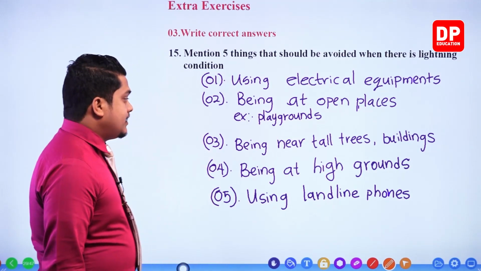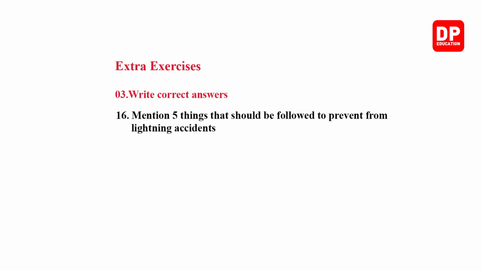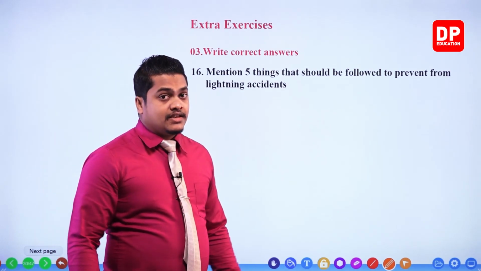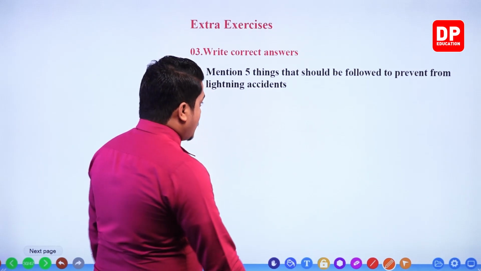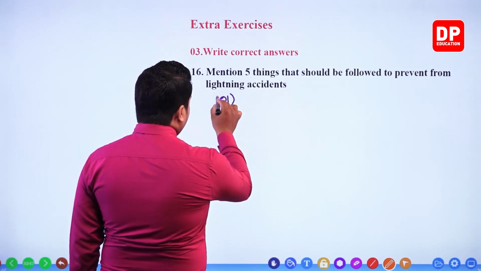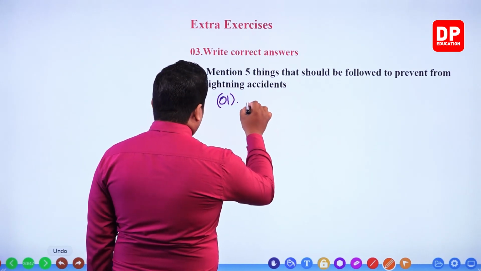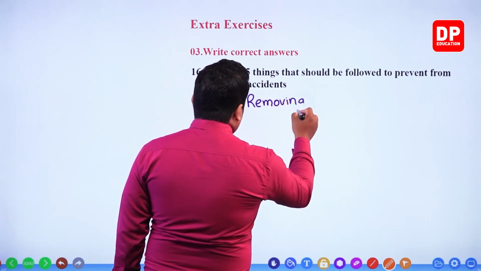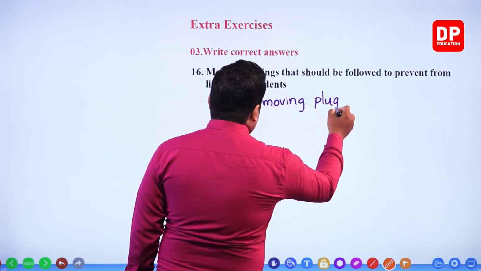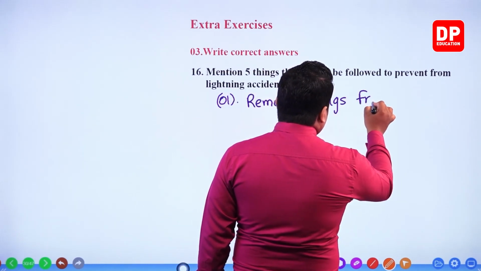Okay, right. Then the next one, question number 16. Mention 5 things that should be followed to prevent from lightning accidents. That should be followed means we have to do these things, right? Number 1, removing plugs from plug pins.